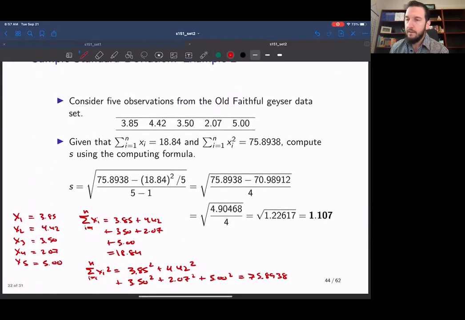So on slide 44, you can see how this process unfolds. So we have the square root of the sum from i equals 1 to n of xi squared. So that's the 75.8938 minus the sum of the xi all squared. So that's the 18.84 squared divided by 5 all over 5 minus 1. And then you work that out and you end up at the exact same quantity that we had on slide 42.